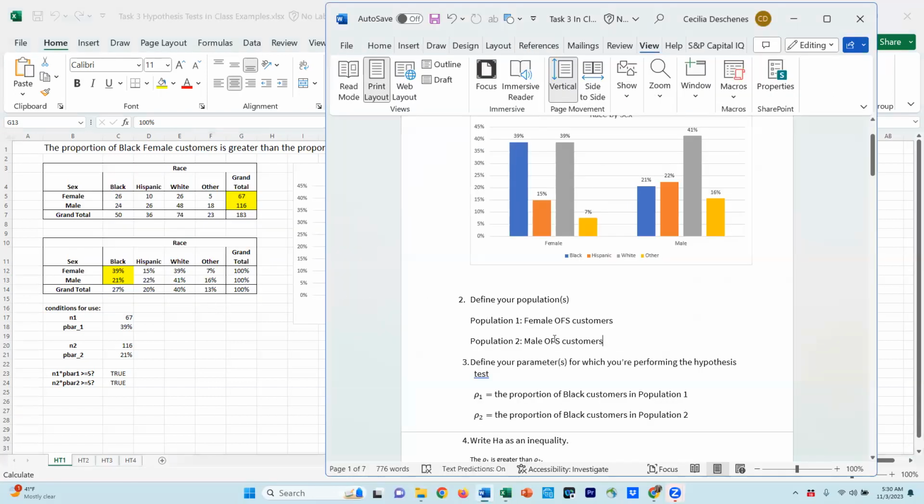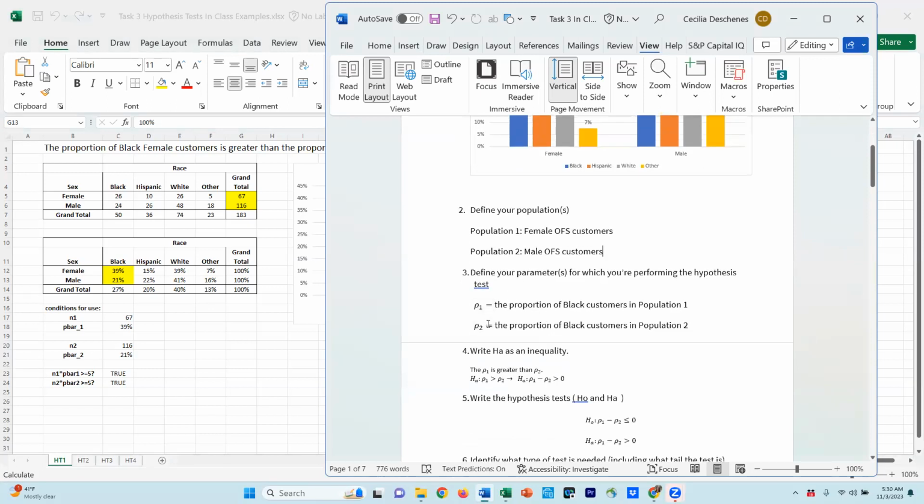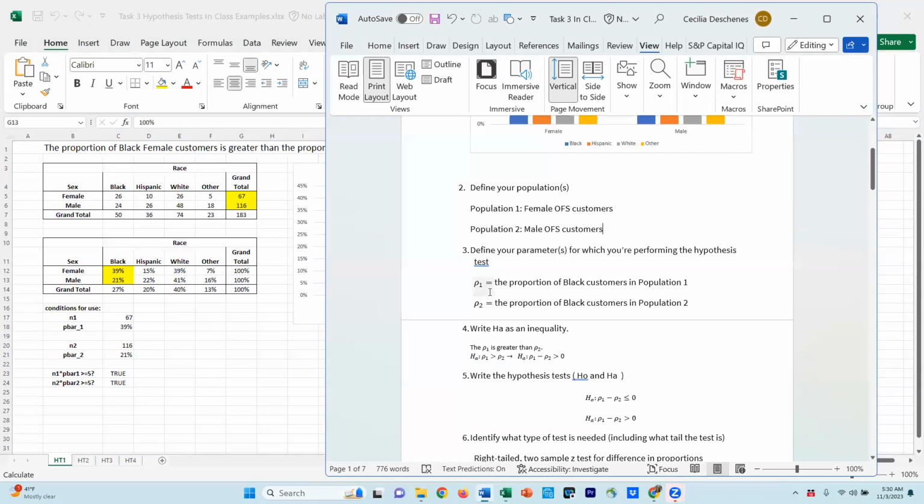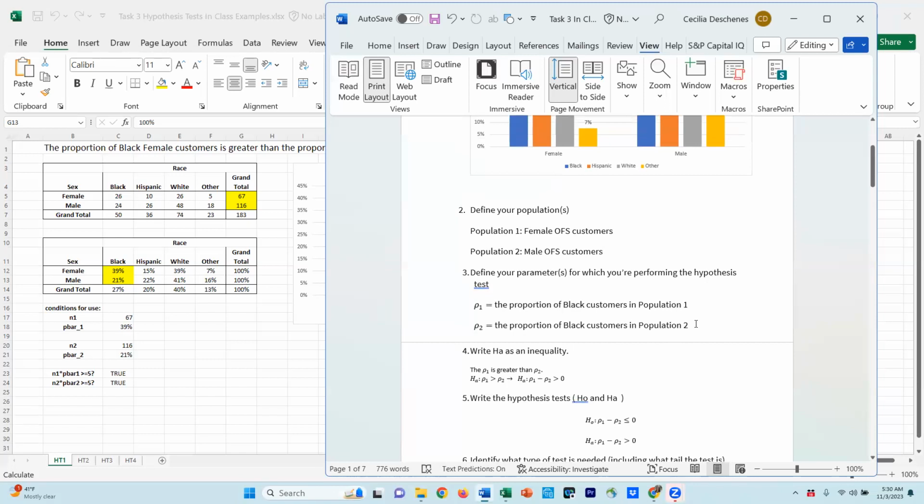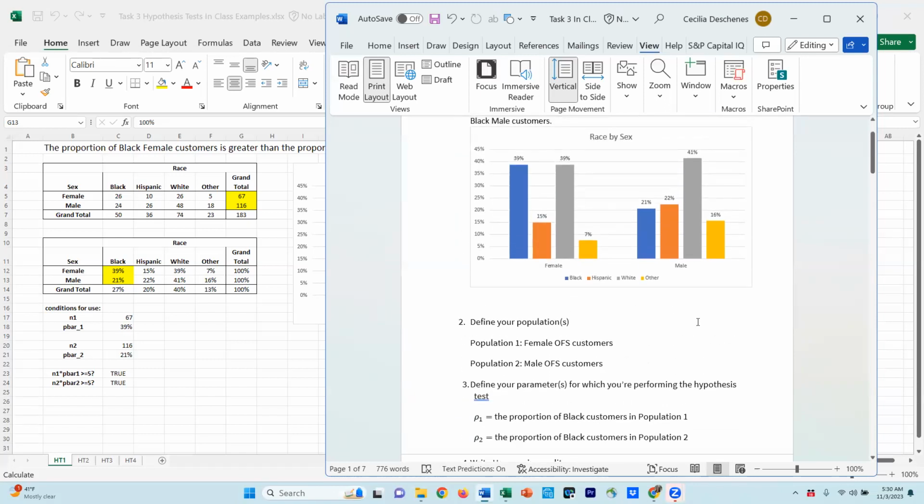Okay. Then, because we're working with proportions, we're going to be dealing with the Greek letter rho. So we have rho sub 1 and rho sub 2, the proportion of Black customers in each of the populations. So rho 1 is the proportion that are Black in females and rho 2 is the proportion that are Black in males.